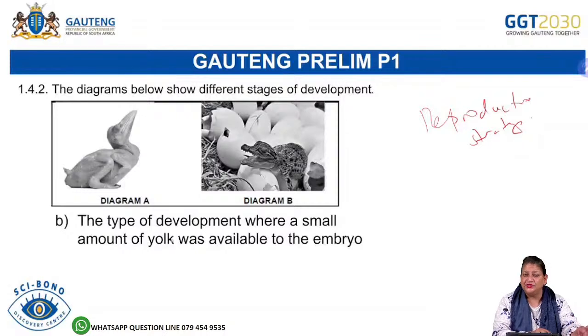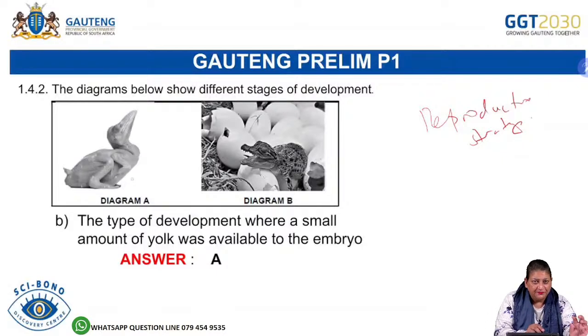Its eyes are closed. There's no feathers at all. That means this one is altricial and this one had little yolk. So even for this one, the answer is going to be A. Okay? So it doesn't mean if you took A in the first part of this question that B should be the second part. No, it can still be the same diagram.